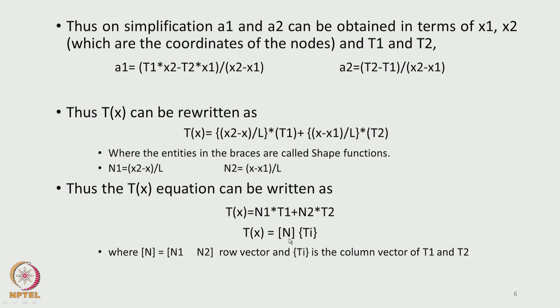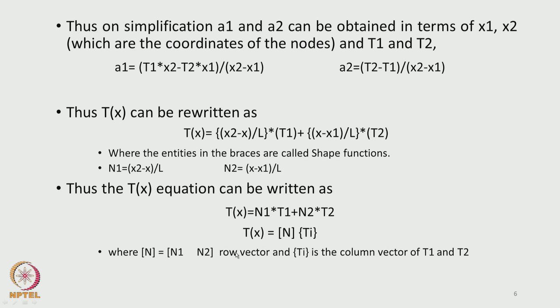We are assuming linear variation between two nodes and we are assuming that the linear assumption is the same throughout the domain. So, we get the same function used throughout the domain.